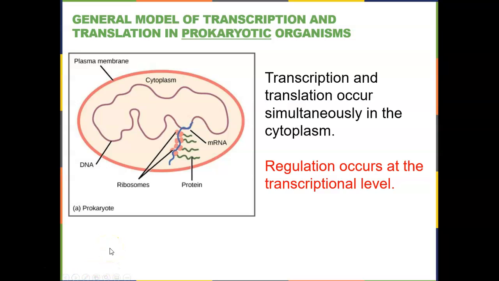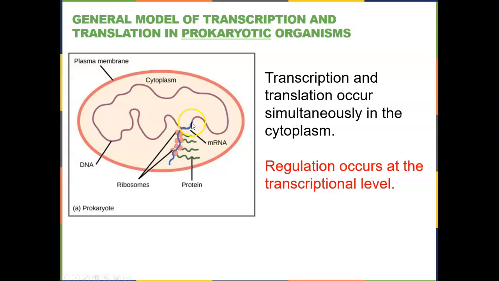Now, the reading of genes and the making of proteins are a little bit different in prokaryotic organisms than they are for eukaryotic organisms, as we talked about before. Here we have a bacterial cell with its single circular DNA.